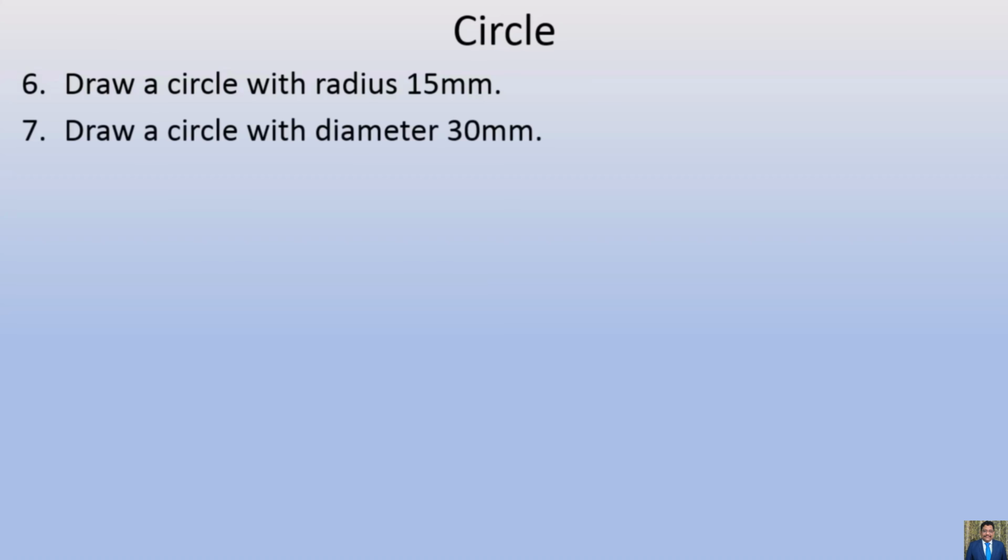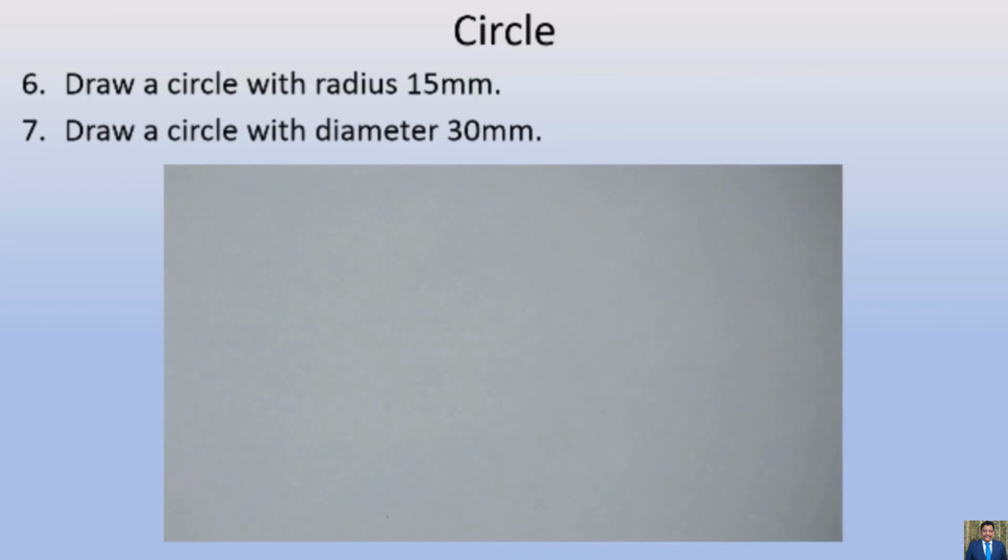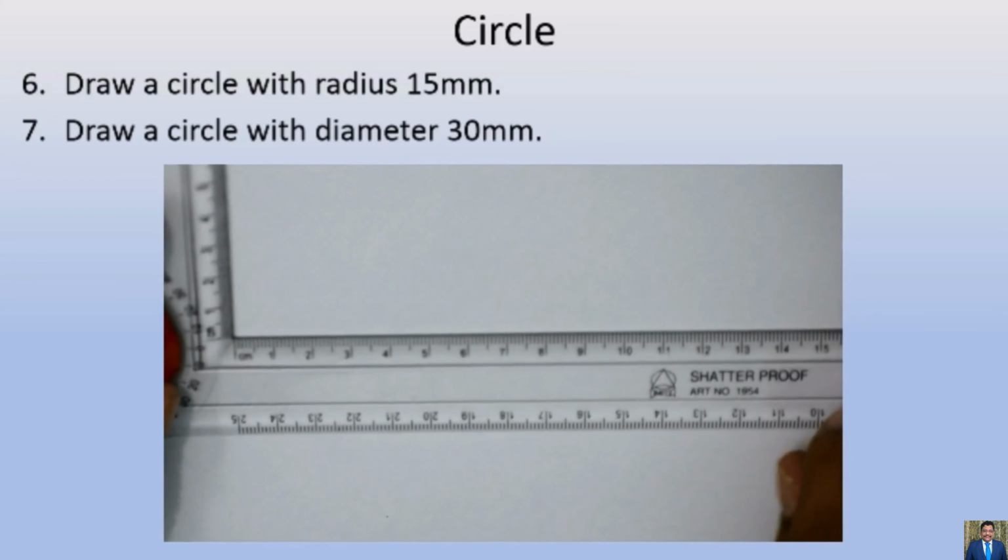In this given question it is 15 mm radius, and the seventh question is to draw a circle with diameter 30 mm. So we will see this together. First I will complete question number 6, that is with the radius of 15 mm.